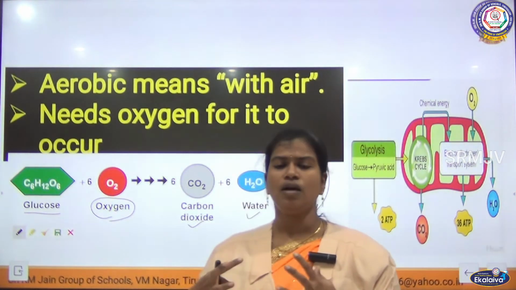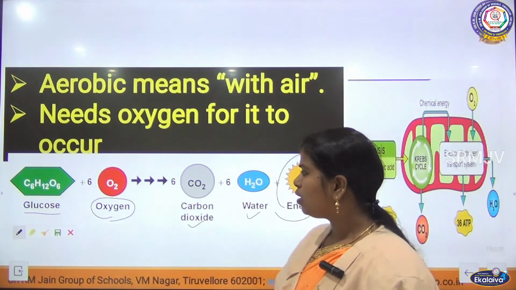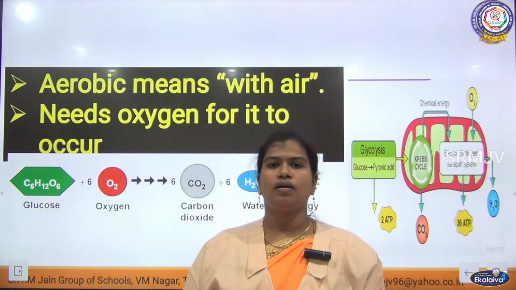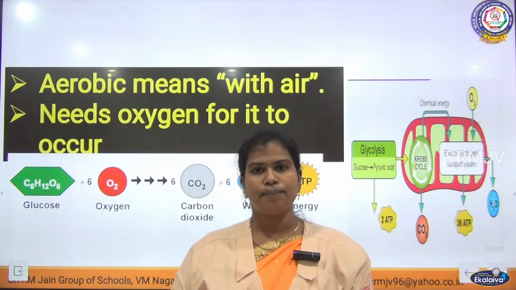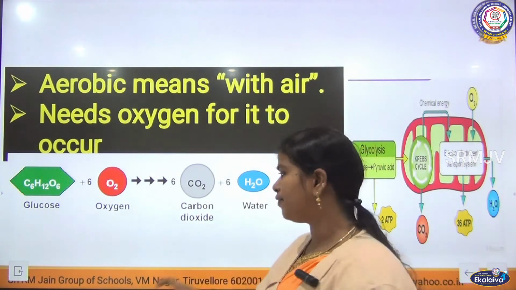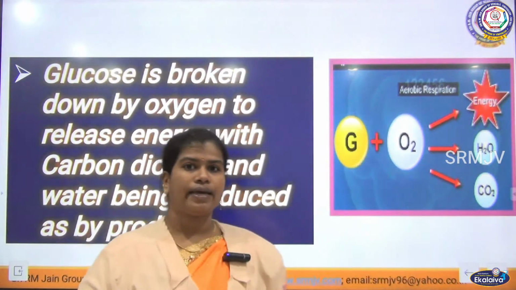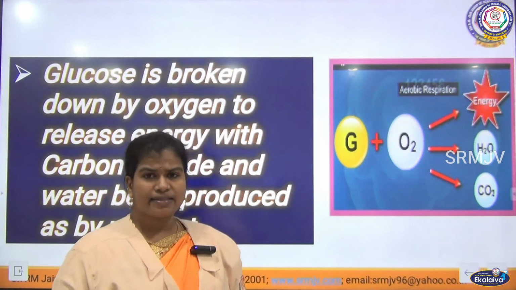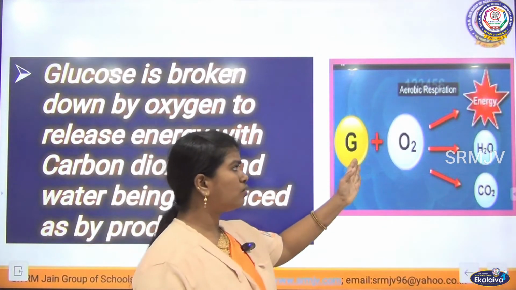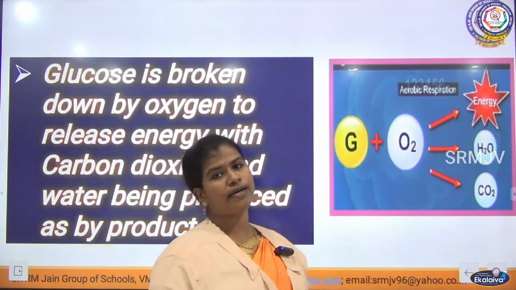Our body undergoes aerobic respiration especially when we do activities where we breathe a lot, for example exercise. As I told you previously, glucose is broken down with the help of oxygen, and it gives carbon dioxide, water, and energy.